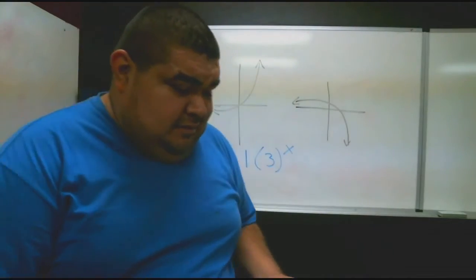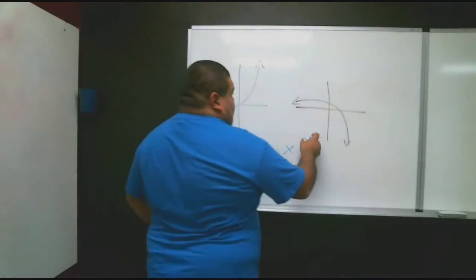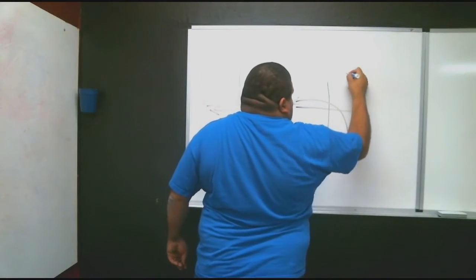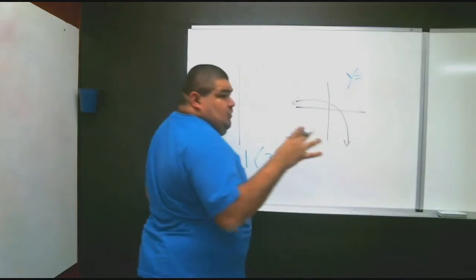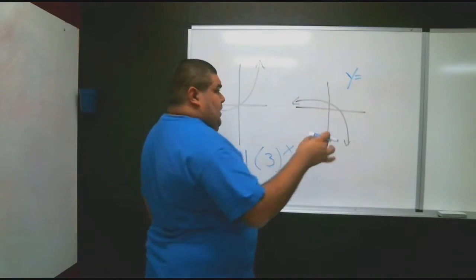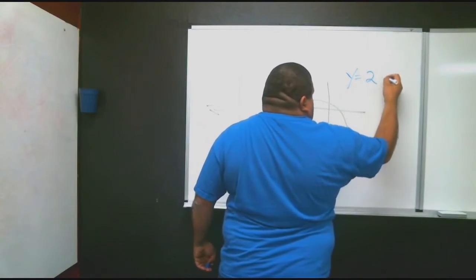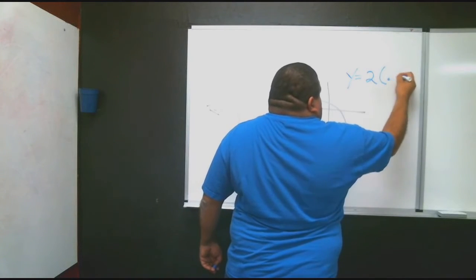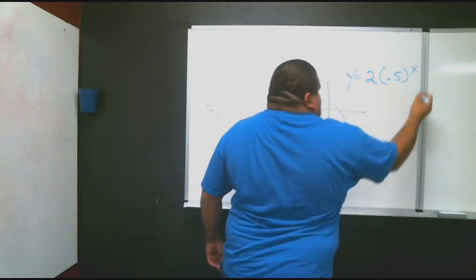That means if our equation for the decay is y equals, because remember A still has to be positive, let's say 2.5(0.5)^x.